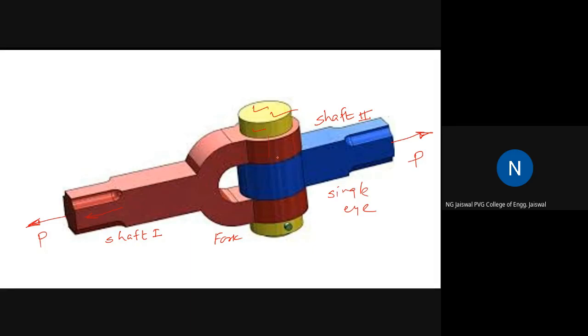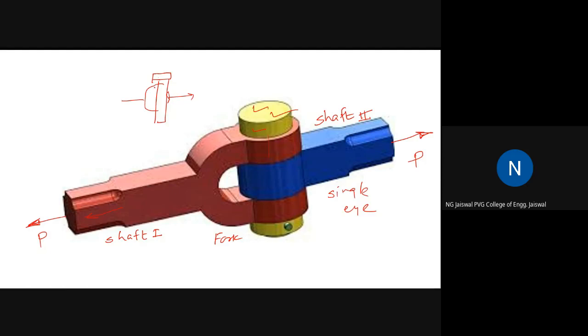If that is the condition, then it is also likely that instead of having a shearing failure, this pin will bend. Why will it bend? Because this is the pin, and this is the connection of the fork, and this is the connection of the single eye.